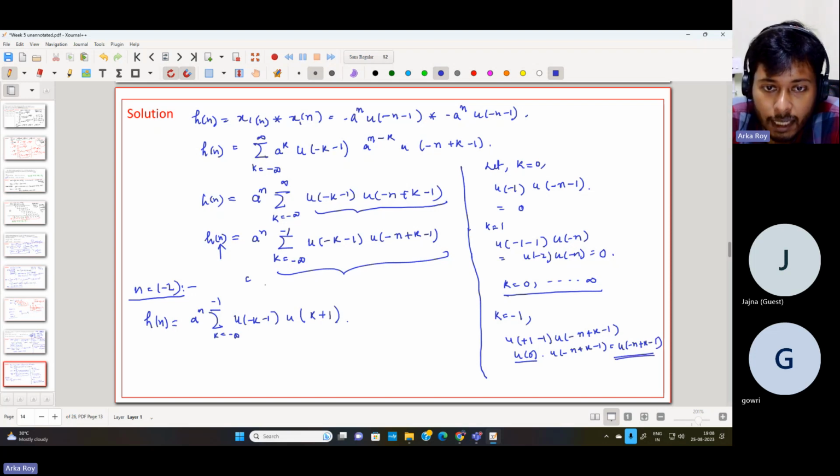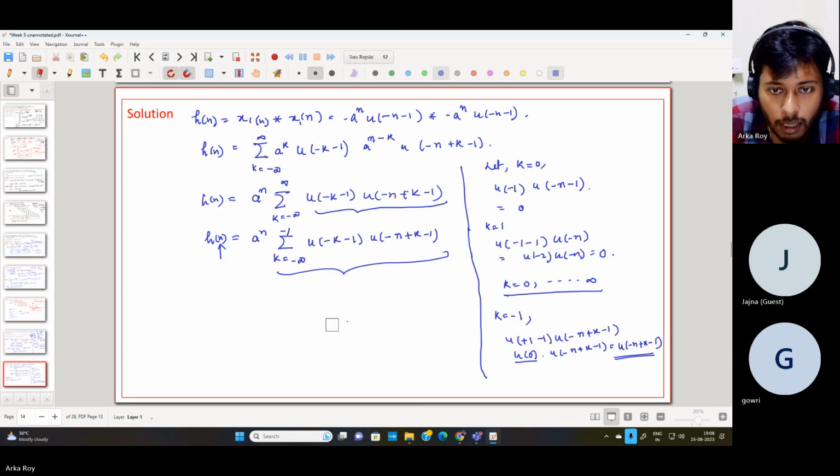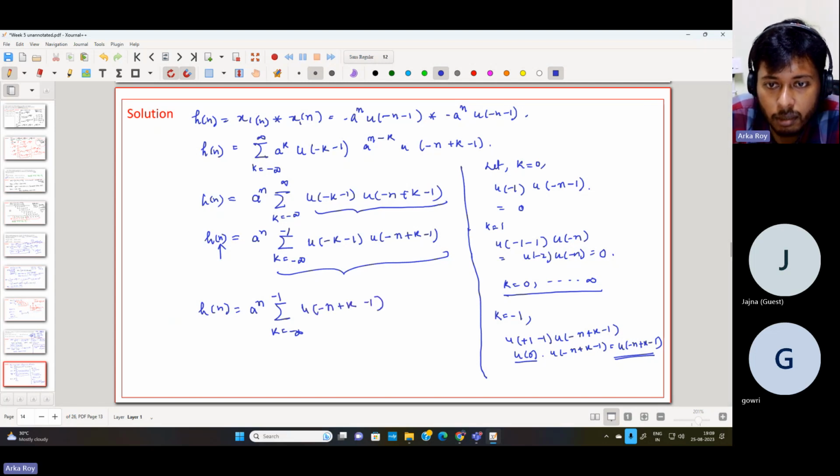So that means I can even simplify this particular equation as h of n is equal to a to the power n, sum running from minus infinity to minus 1, and then u of minus n plus k minus 1.